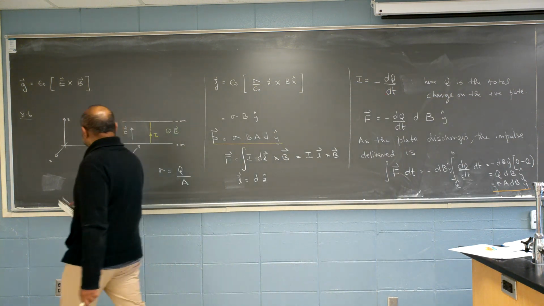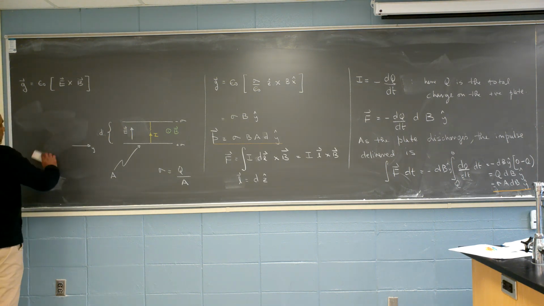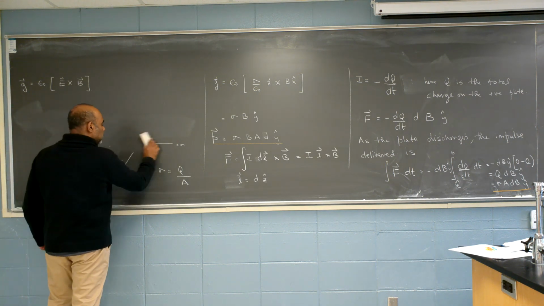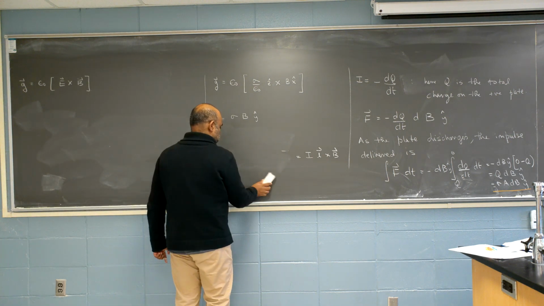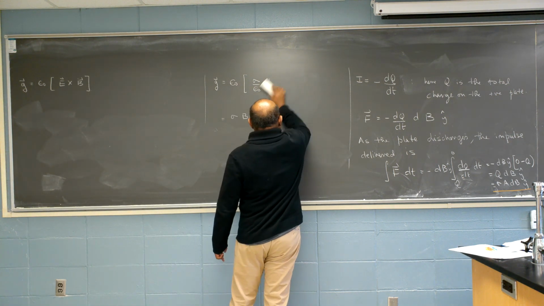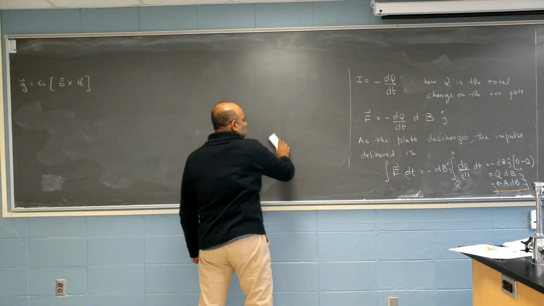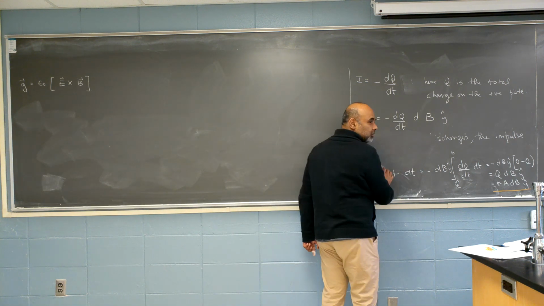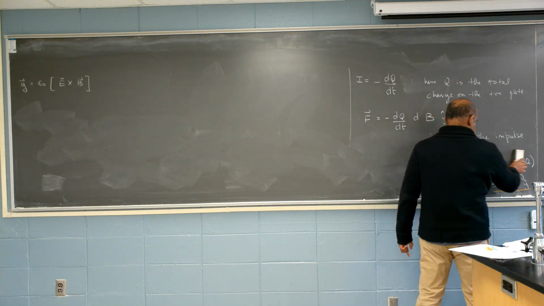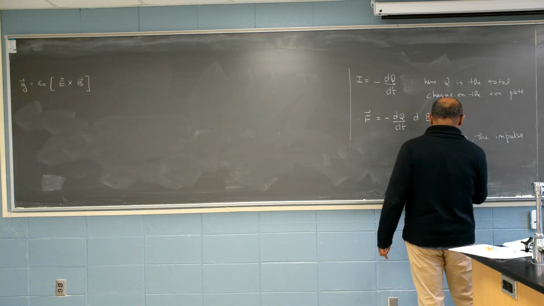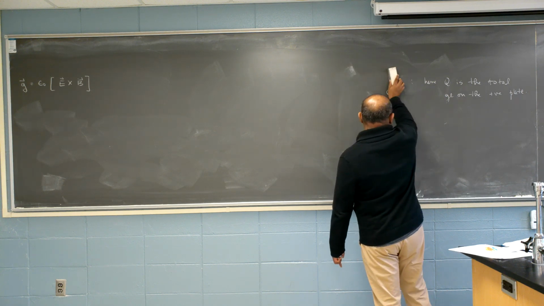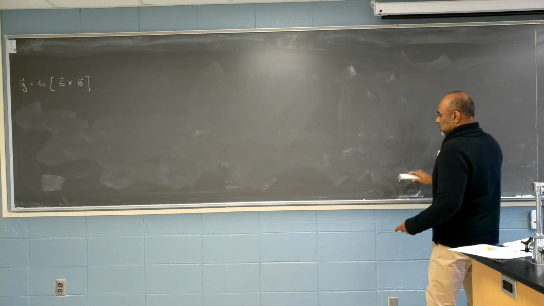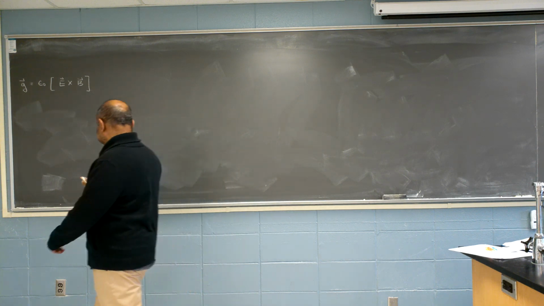That was one example. And then let's talk about angular momentum. Angular momentum is R cross P, right? So in here we'll define angular momentum exactly that way.